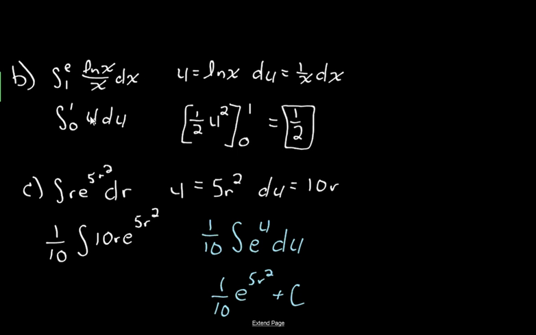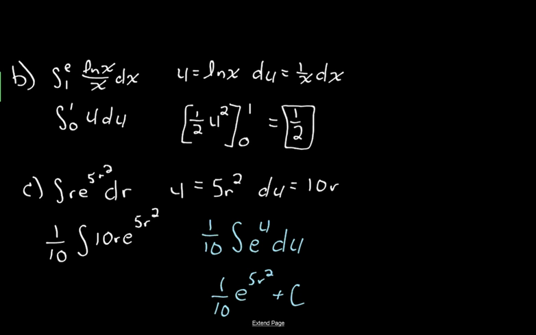Almost forgot, you also have to remember to change your upper and lower bounds by plugging in your original bounds to the equation that relates u and x, and that's where I got that 0 and 1 from. So now I just find the integral of this value, and I get 1/2 u squared, and I evaluate that from 0 to 1, so I plug in 1 for u, and I get 1/2, plug in 0 for u, and I get 0, subtract the two, and you get 1/2.